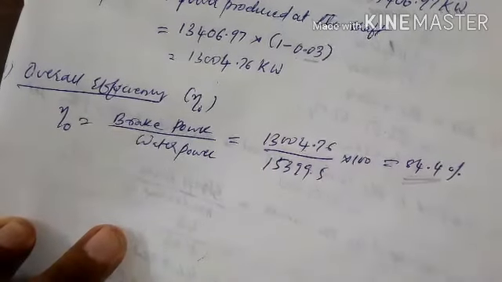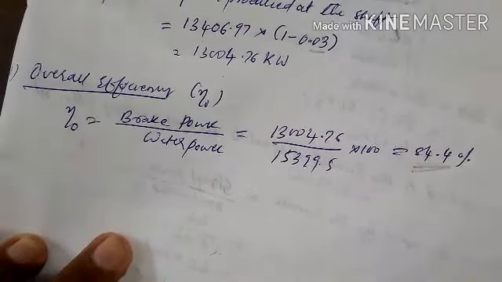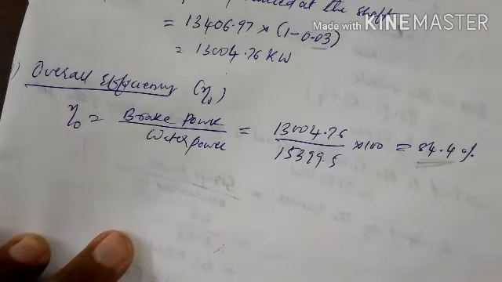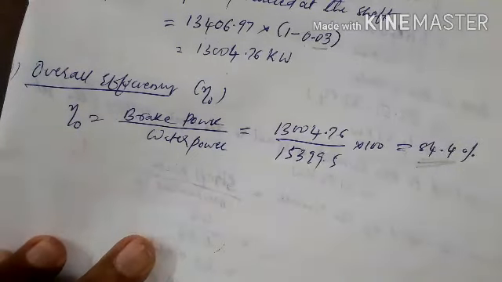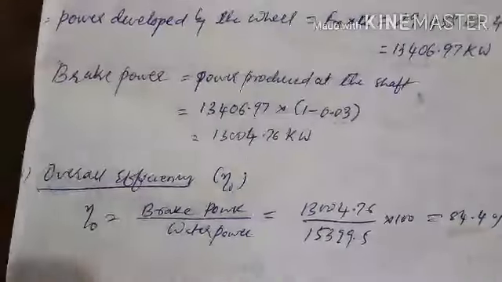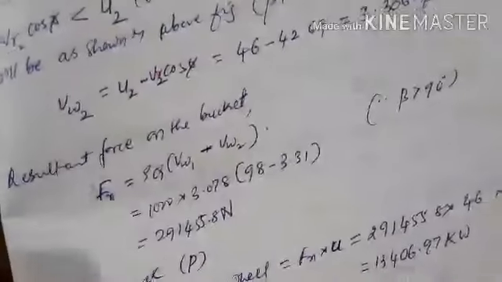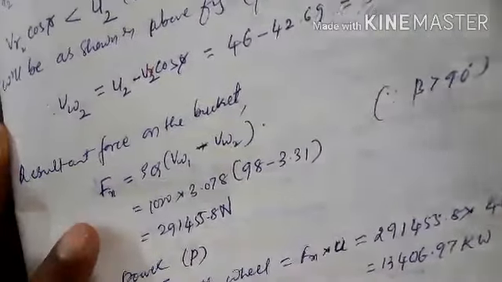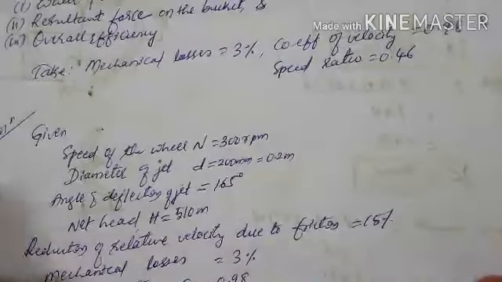The Pelton wheel is developing 84.4%. These are the steps to calculate the force on a Pelton wheel, the runner power, brake power, and overall efficiency. Try to understand all these steps and practice similar kinds of problems. Okay, thank you.